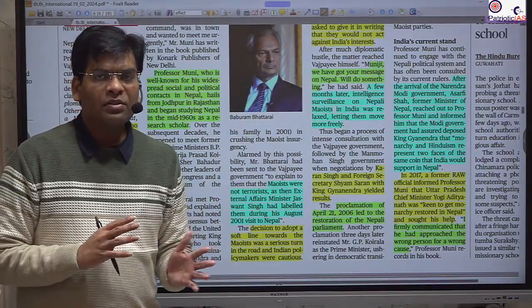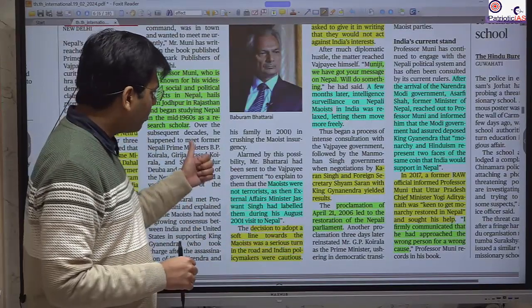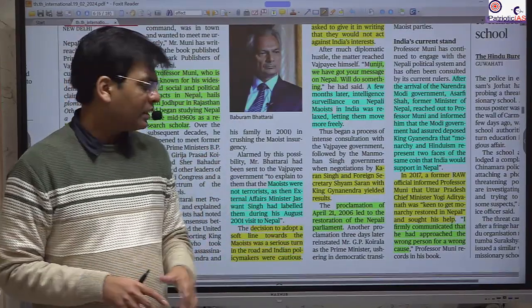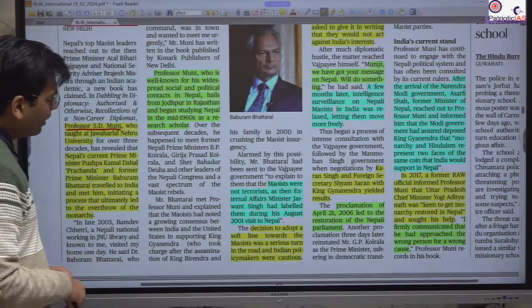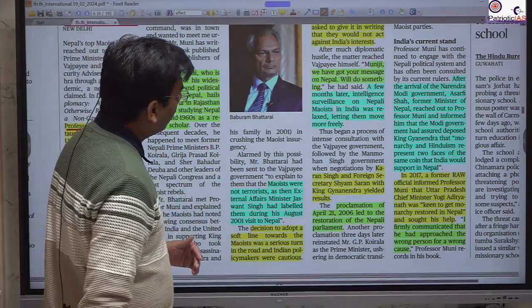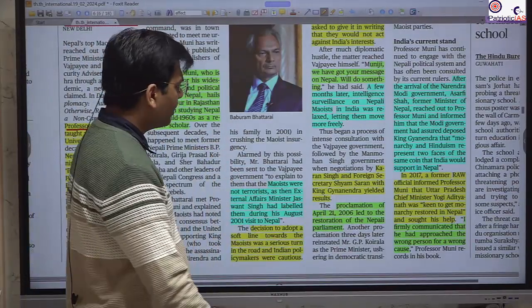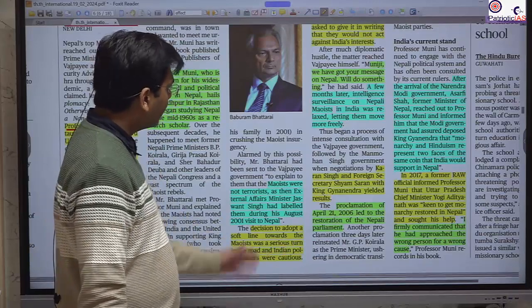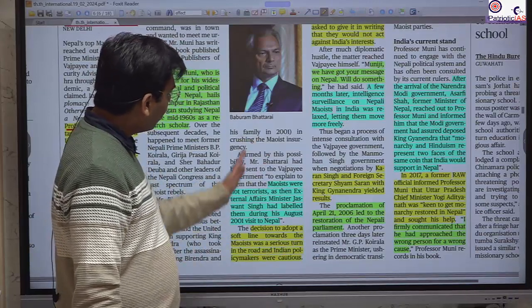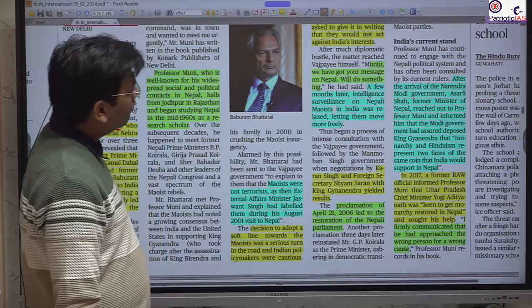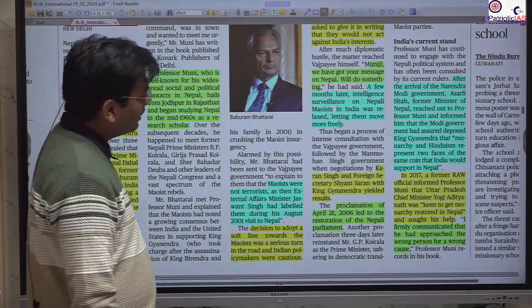We are not against the Indian interest and we ensure that they are not against the Indian interest. After that we diluted our criticism of the Maoist movement, and we saw that democracy came and this Maoist movement integrated with the Nepalese mainstream.